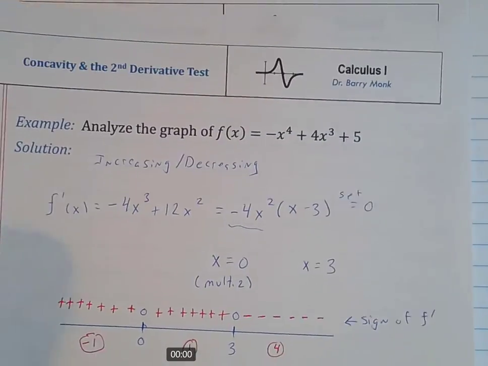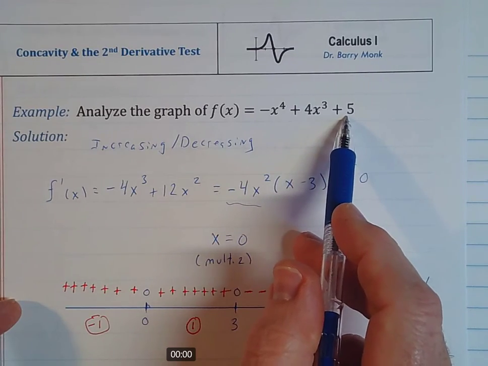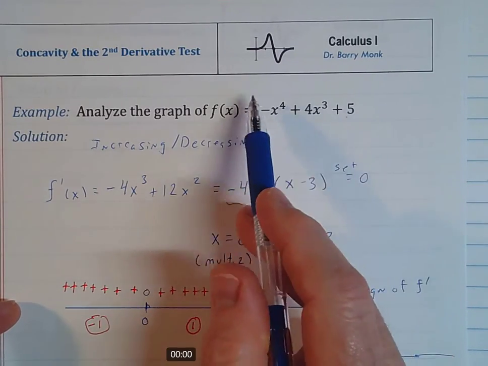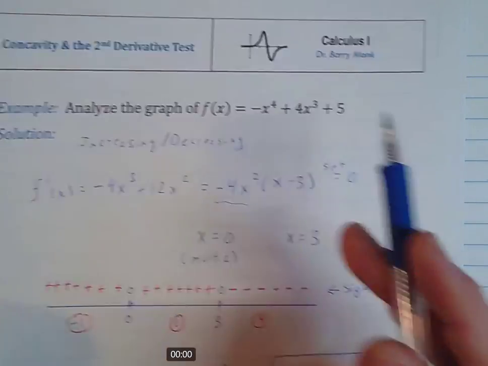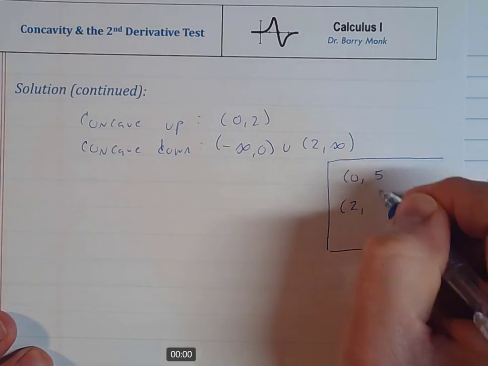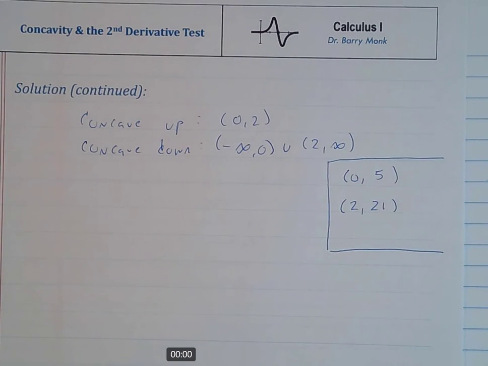And so if I go back and plug 0 into the original function, looks like I'll get 5. If I plug 2 into the original function, we'll throw it in the calculator. That's going to end up being 21. And so I've got a few points right here that I can play around with.